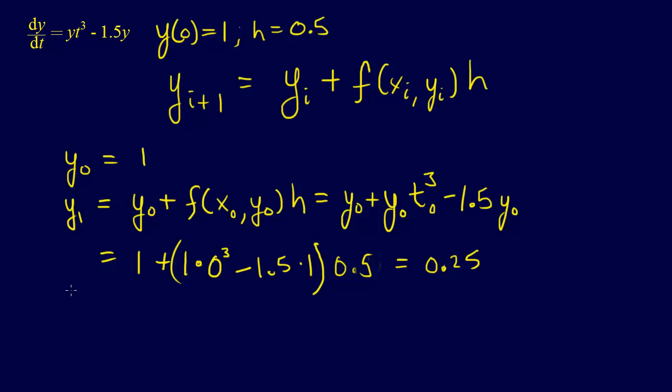Okay, so now we say y2 equals y1 plus f of t1, y1, which is t1 cubed minus 1.5 y1.